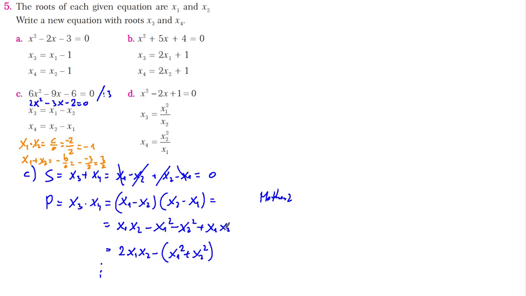Well, after I got to this step here, method 2, I would practically get a negative sign in front, and I get x1 squared plus x2 squared. Well, in order to complete the square, I can write 2x1 x2, but the moment I add this 2x1 x2, I of course need to subtract that. So minus 2x1 x2, and I just use this part.